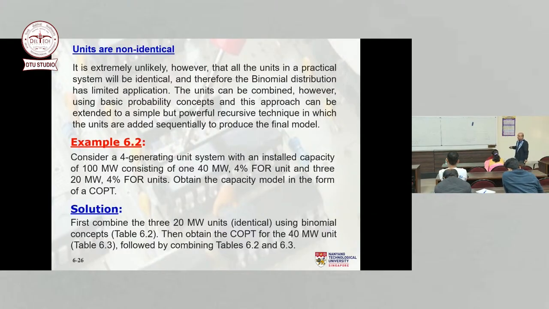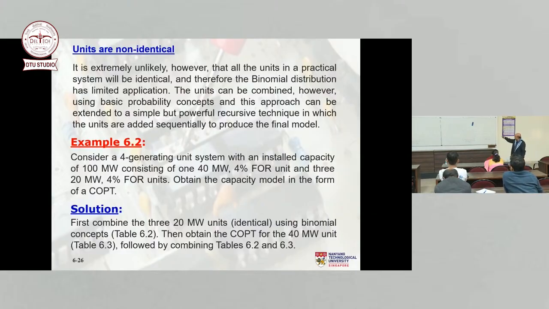So I use an example to illustrate. Consider a 4 generating unit system with an installed capacity of 100 megawatt, consisting of 1 40 megawatt, 4% forced outage rate unit, and 3 20 megawatt, 4% forced outage rate units. Obtain the capacity model in the form of a COPT. So what can we do here?